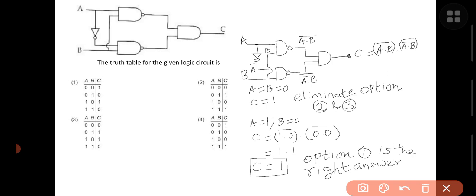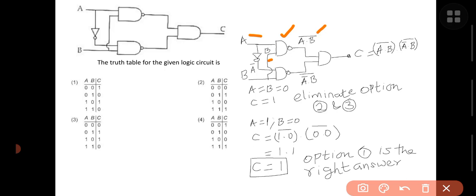The inputs of the first NAND gate are A and B, whereas the second NAND gate's inputs are A bar and B. At the output of the first NAND gate, we get A dot B, the whole bar.